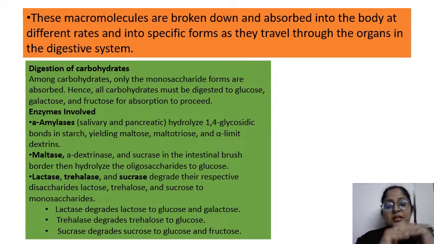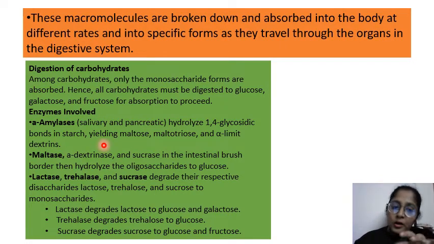There are these enzymes involved, which we will learn in detail in the next slide. The alpha amylases come in 2 forms: the salivary alpha amylase and the pancreatic alpha amylase.